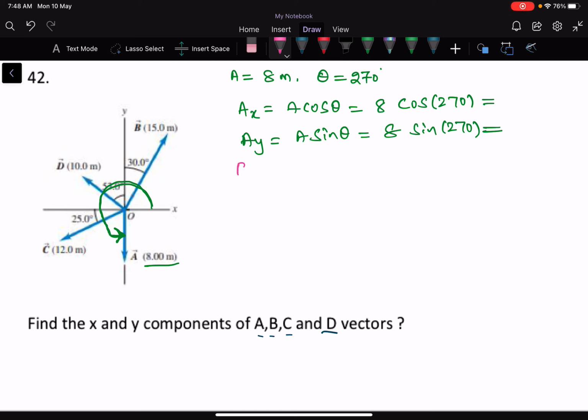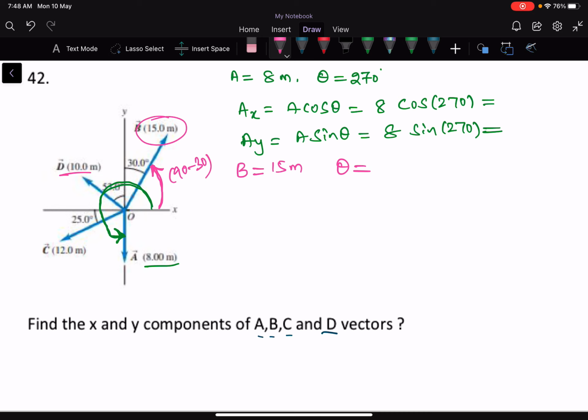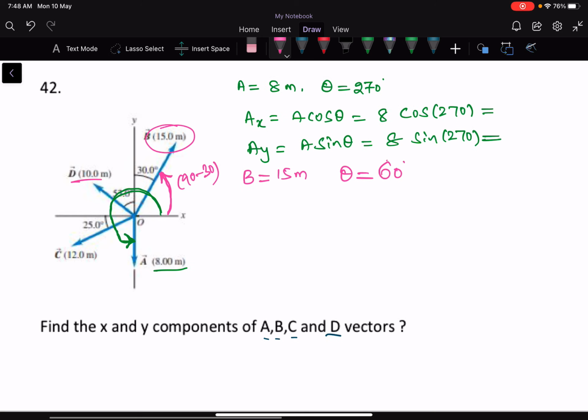Next, B. B magnitude is 15 meters, pointed at an angle theta. Theta is always measured from the positive x-axis to the respective vector in the counterclockwise direction. From here to here the angle is 90 minus 30, which is 60 degrees. So theta equals 60 degrees here.